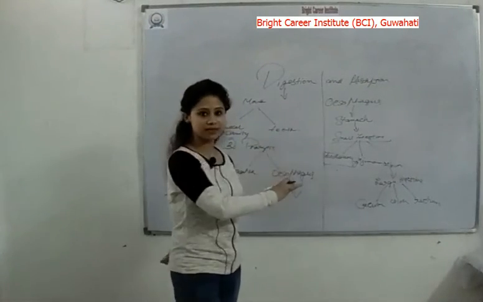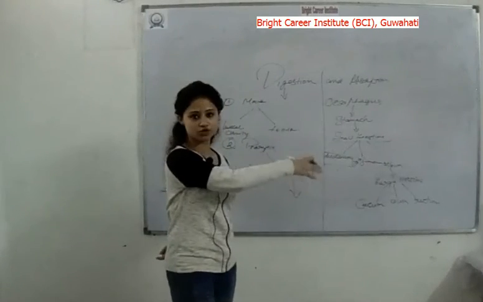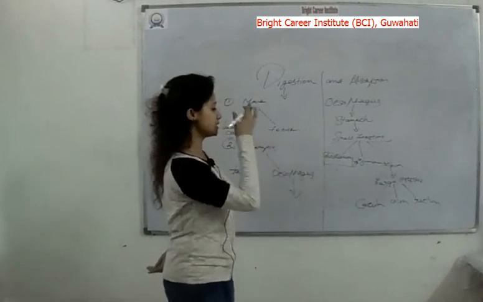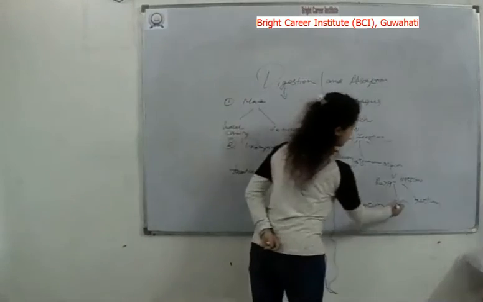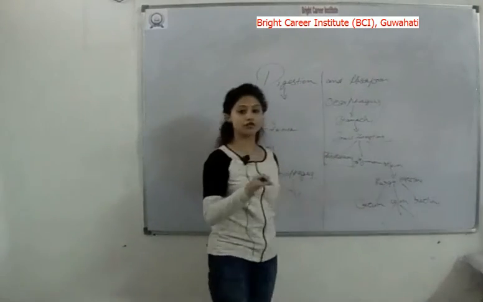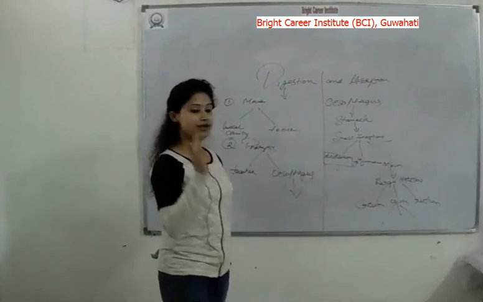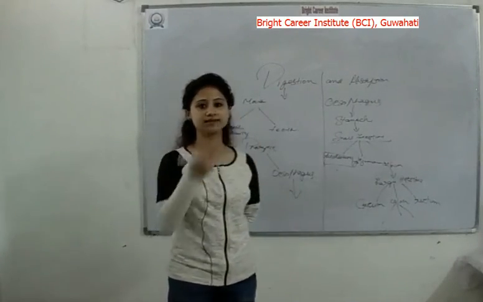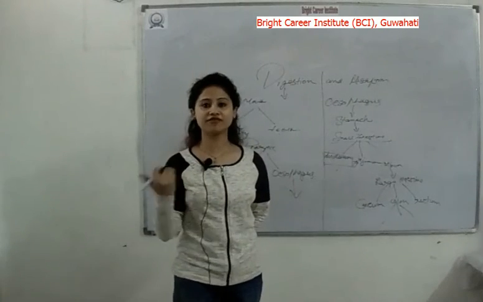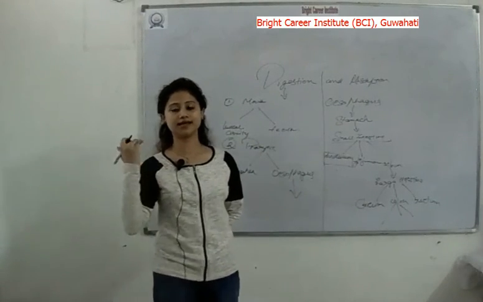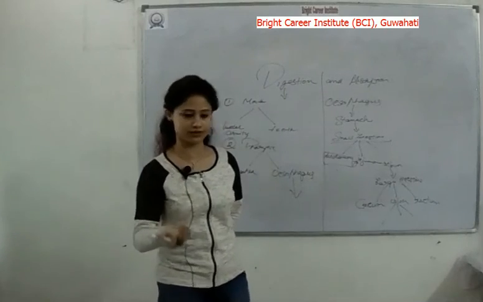Now absorption has been completed, and the remaining material is transferred to the large intestine. The colon again has three parts, that is the ascending colon, transverse colon and the descending colon. Now the remaining material passes through the descending colon to the rectum and finally to the anus. It gets excreted in the form of stool.